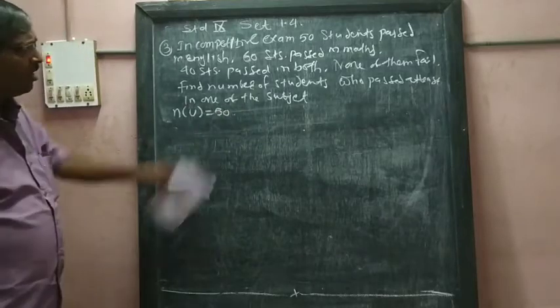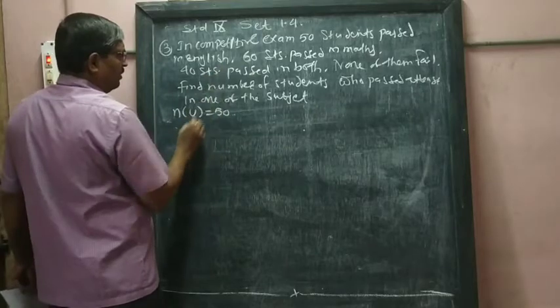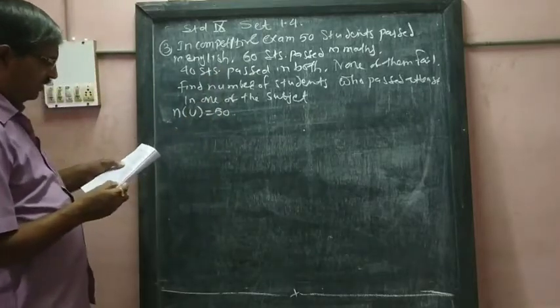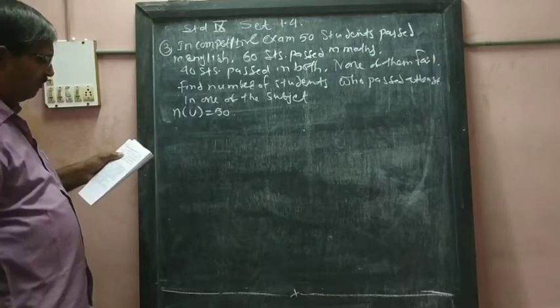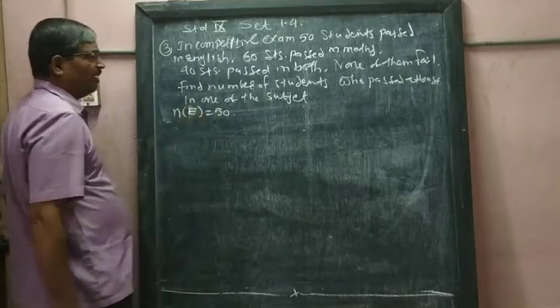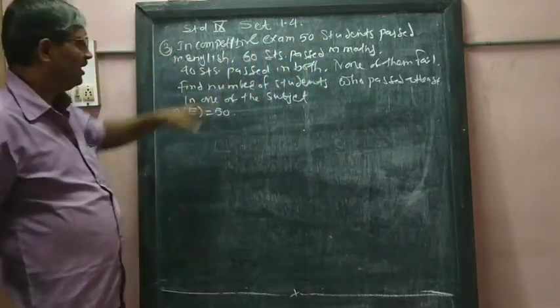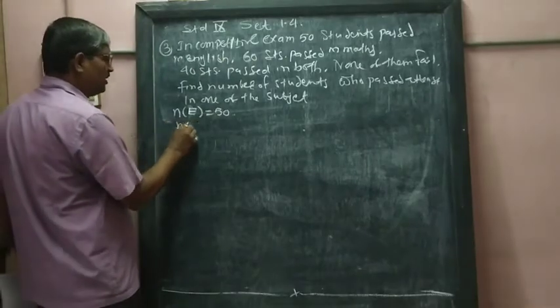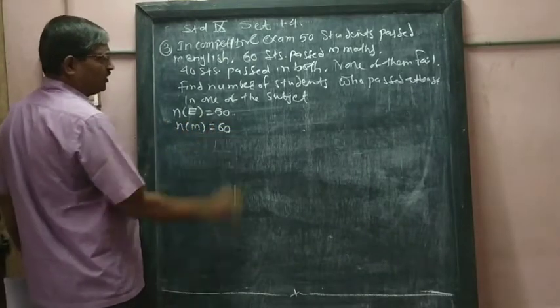Then let me tell how many students passed in English. In the competitive exam 50 students passed in English, so you will get E. The number of students passed in maths is equal to 60.